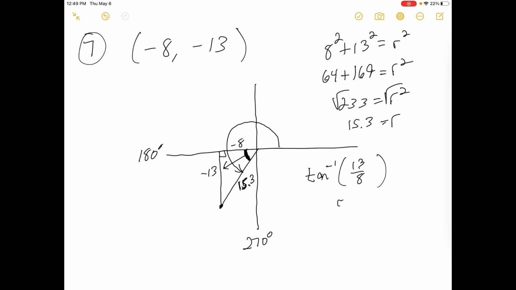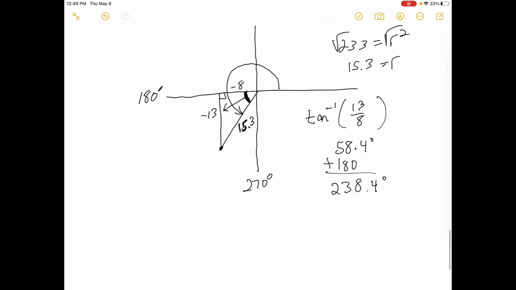It gives me 58.4 degrees. Well, if we add that to 180, that'll be my answer. I get 238.4 degrees. So my answer is 15.3, my radius, and my degree, 238.4 degrees.